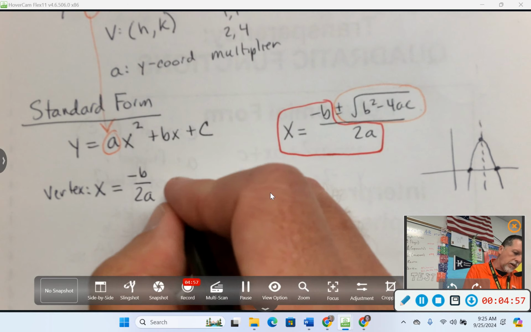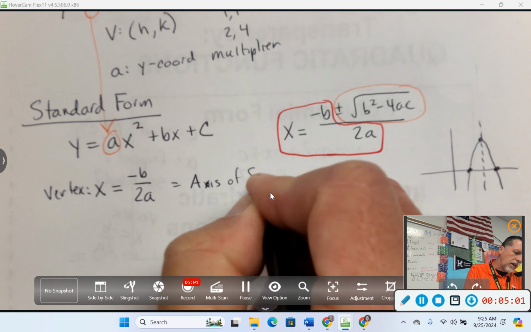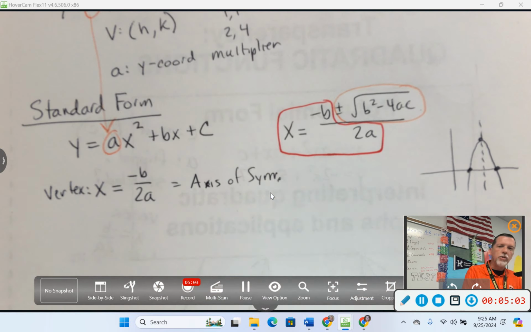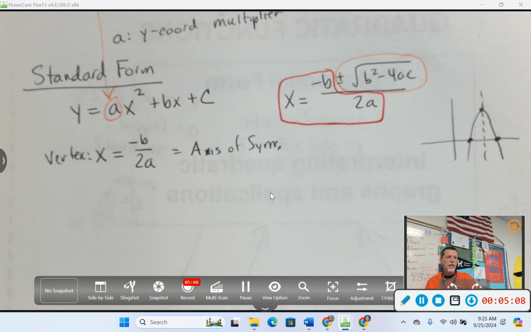It also happens to be the axis of symmetry, because the axis of symmetry always goes through the vertex. Okay, so that gets you the x-coordinate.